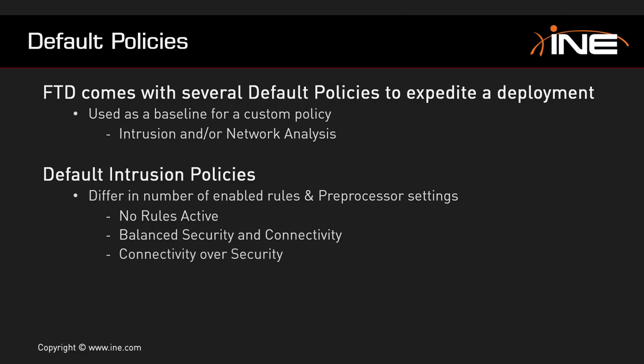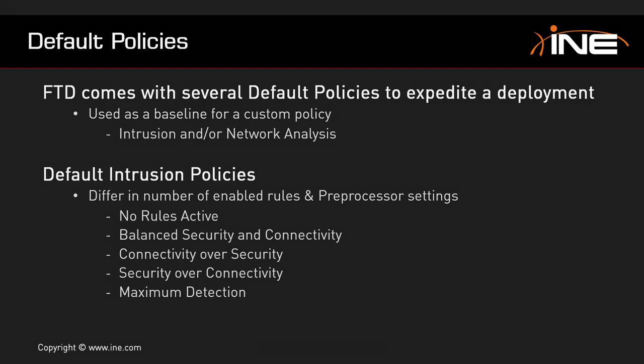And next is connectivity over security, in which case we favor network performance. There are going to be fewer rules enabled, and preprocessor settings are not really going to be very offensive in this case. The opposite is going to be to use the security over connectivity template, and there is also maximum detection, which, in I believe certain versions of FTD code, enables all available snort rules.